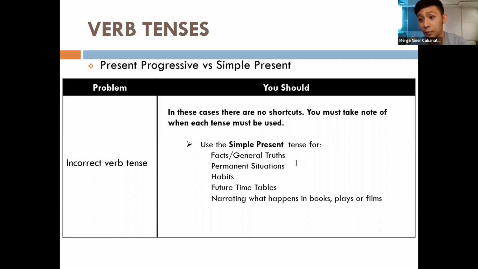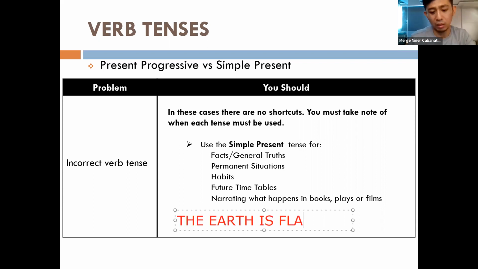Guys, it doesn't matter whether the truth is really true or not. For example, right? The earth is flat. You know that the earth isn't flat. But the thing is, the people who say this, or the people who wrote this, believe this to be true.